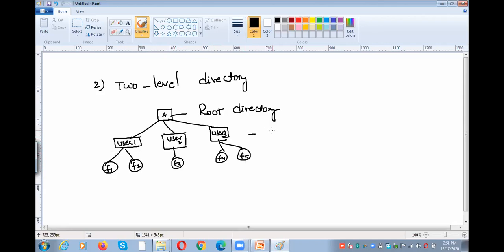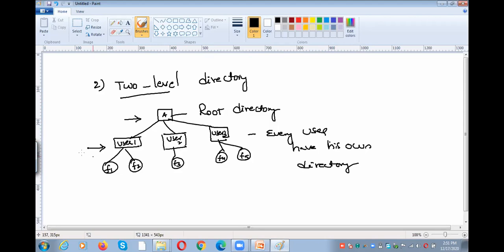That means every user has his own directory, right? So that is about a two level directory. Why is it called a two level directory? This is the first level having the root directory, and this is the second level.